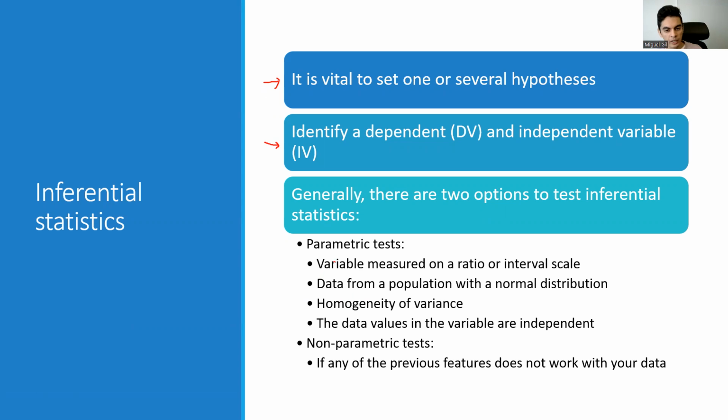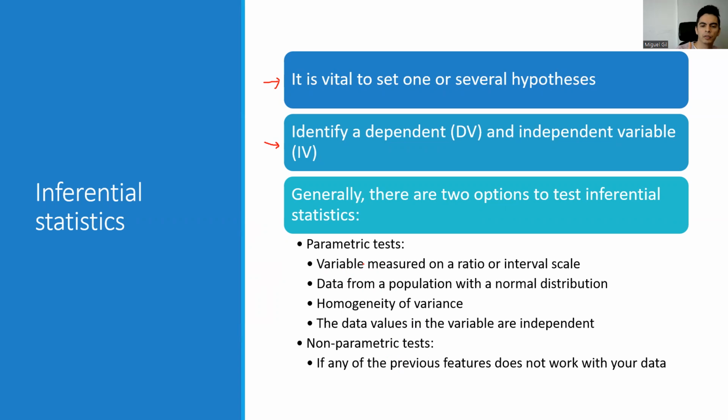But a general rule is that if you have these four things, then you can use a parametric test. If you don't have one of these, then you use a non-parametric test. But again, be careful. You have to reflect every time that you do an analysis if you are using the right tool. So let's start.